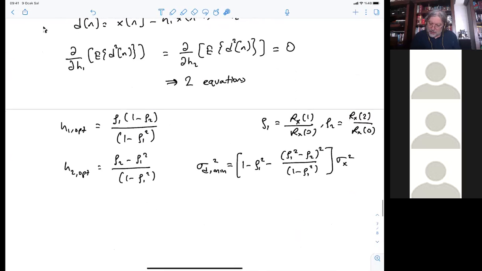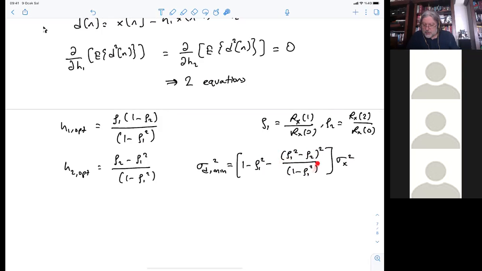Here we have 1 minus rho 1 square times sigma x square already, but there is another term which is further subtracted. And it's a positive term which is subtracted because the numerator is squared here, and the denominator is also greater than 0, because rho 1 is less than 1, so 1 minus rho 1 square is positive.